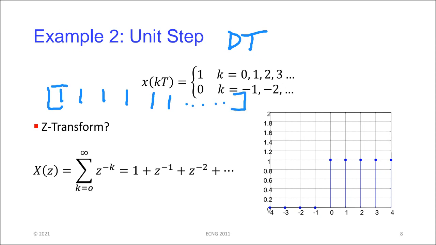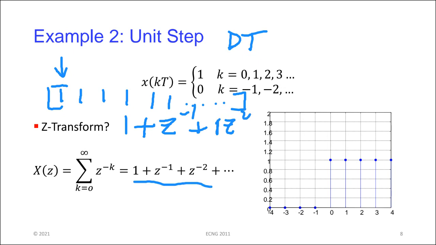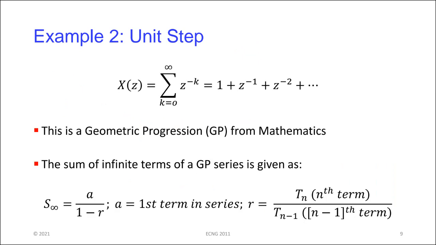So by inspection, remember we're starting here, this is k equal to 0, so it will be 1 by Z to the power 0, plus 1 by Z to the power 1, sorry, plus 1 by Z to the power minus 1, plus 1 by Z to the power minus 2, etc., etc. So it's 1 plus Z^-1 plus Z^-2, going on and on. And here's where we apply something that we know from before, something called a GP.